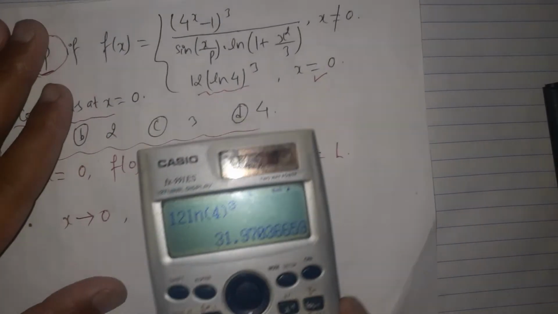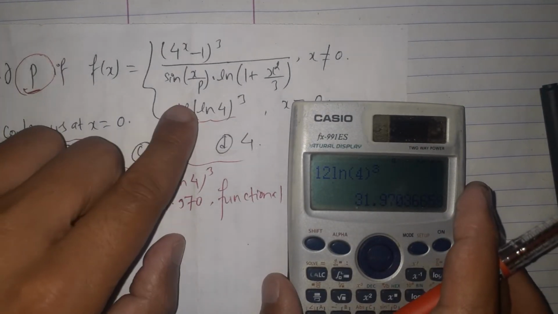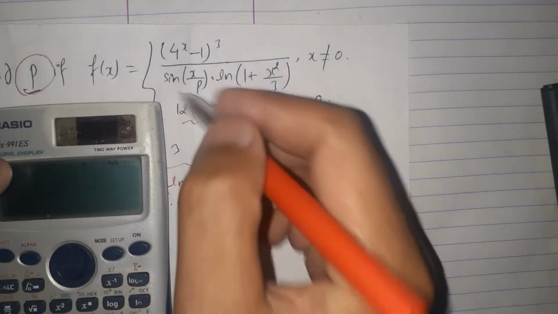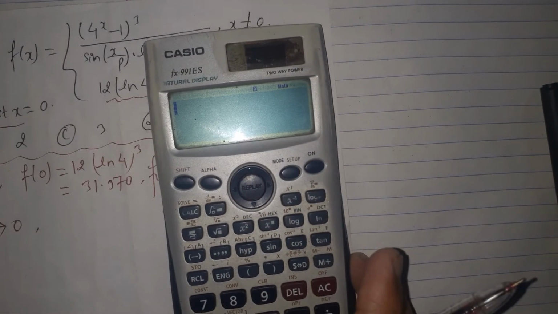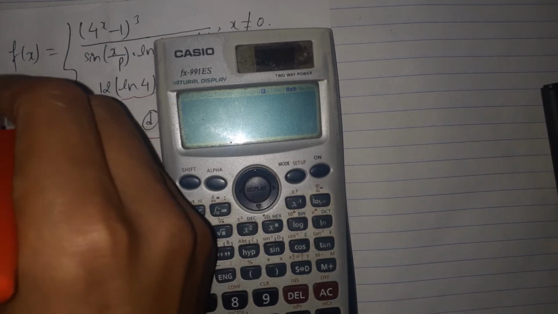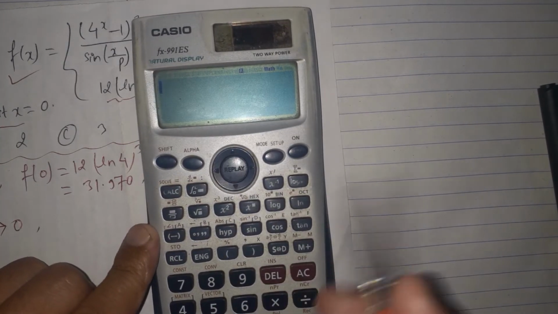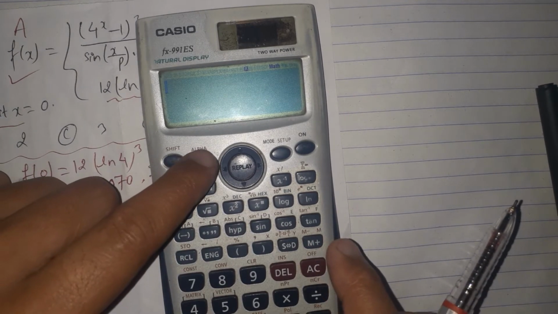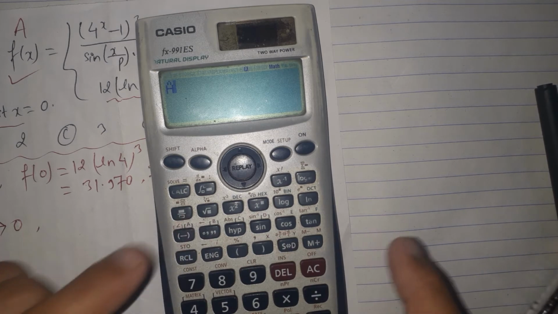Let's type these functions on the calculator, the first piece. The function name is f of x, but there is no key for f of x on the calculator, so let's suppose the function is A. Press alpha and then the A button, then A will appear.